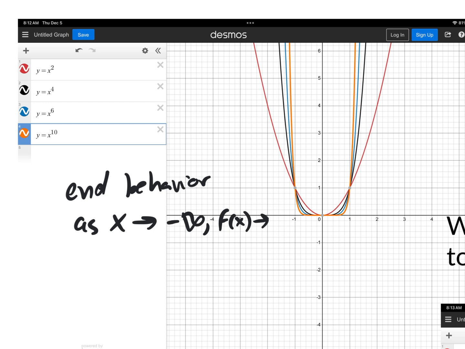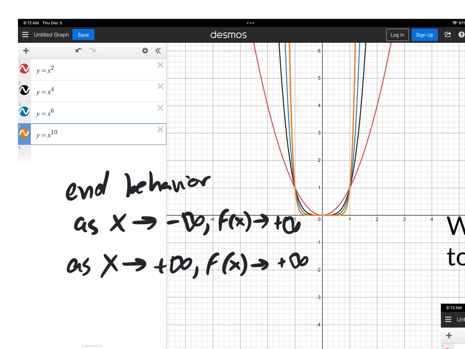Come on, guys. Is it positive or negative infinity? Positive. As x approaches positive infinity, f of x approaches what? Positive infinity.